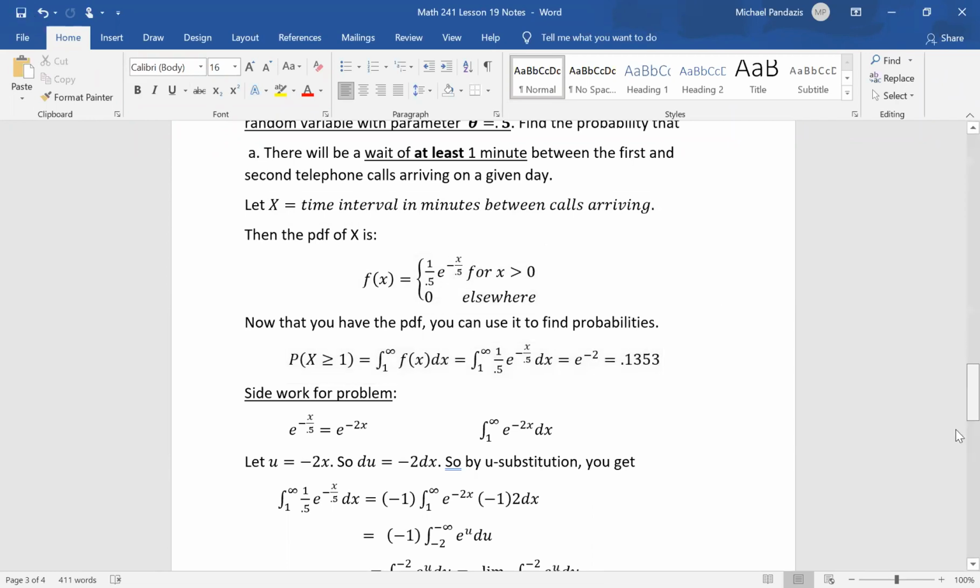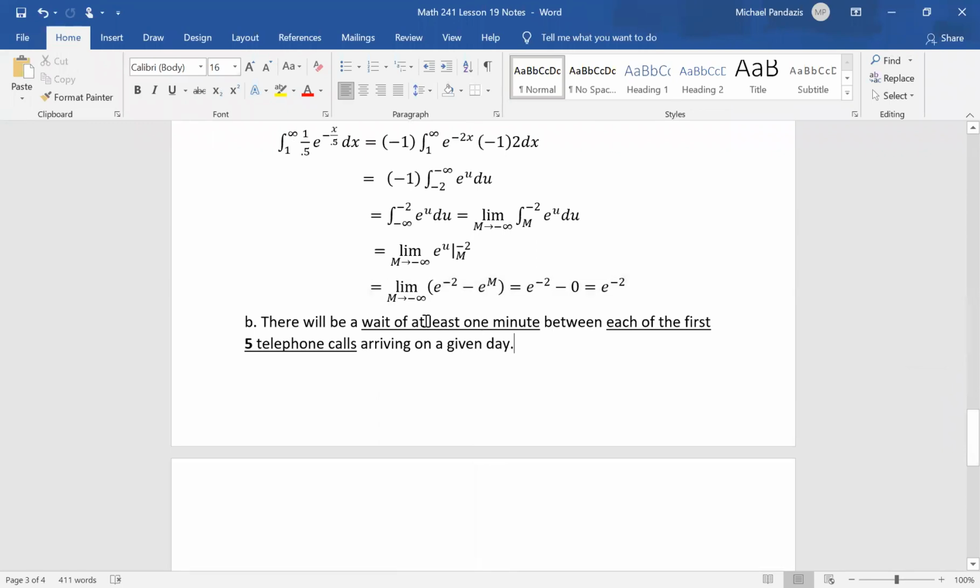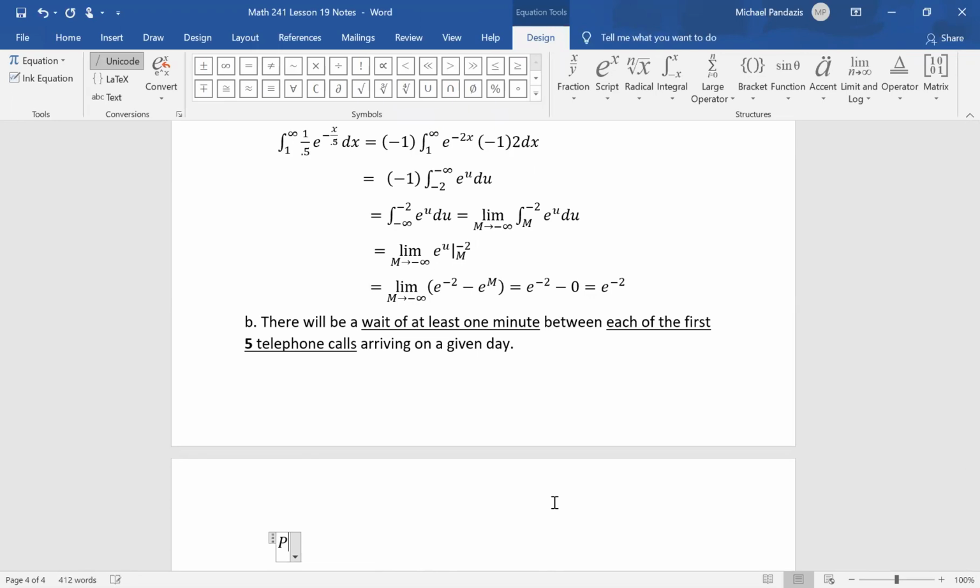And for B, you want to know the probability that this happens in the first 5 telephone calls, that for each of the first 5, there's a wait of at least 1 minute. Well, you want to take that probability and raise it to the 5th power.